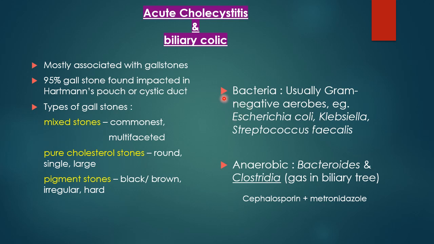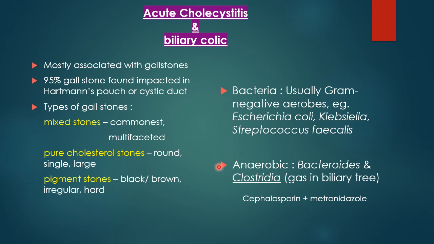Bacterial infection of an obstructed gallbladder is a common complication, which is usually due to infection by gram-negative aerobes such as Escherichia coli, Klebsiella, and Streptococcus faecalis.